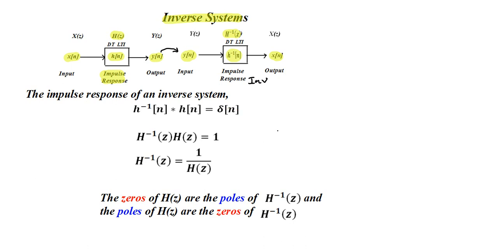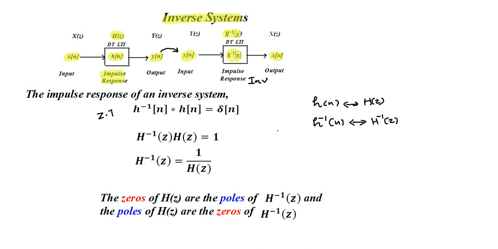Now we can apply the z transform on this particular equation. The z transform of h of n is indicated as h of z, and for h inverse of n, the impulse response of the inverse system, the transfer function is indicated as h inverse of z.